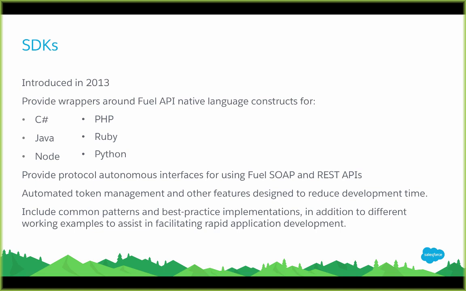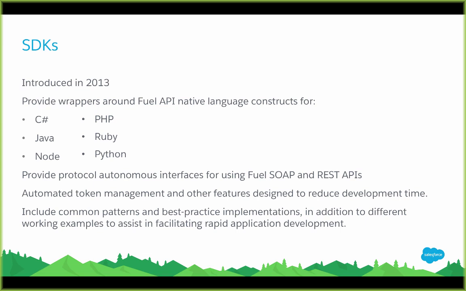Ruby and Python are community supported, whereas the others are directly supported by Salesforce Marketing Cloud. And the SDKs really provide protocol-agnostic interfaces for interacting with the open REST APIs.